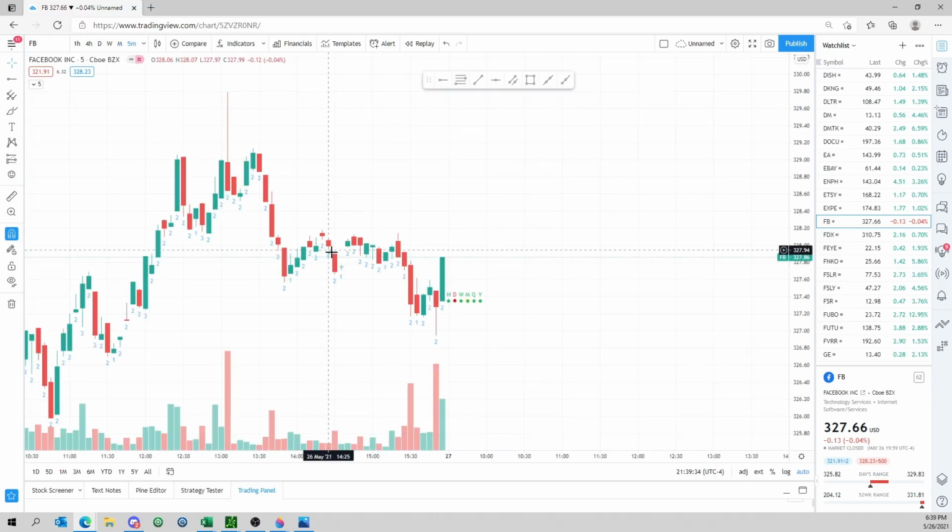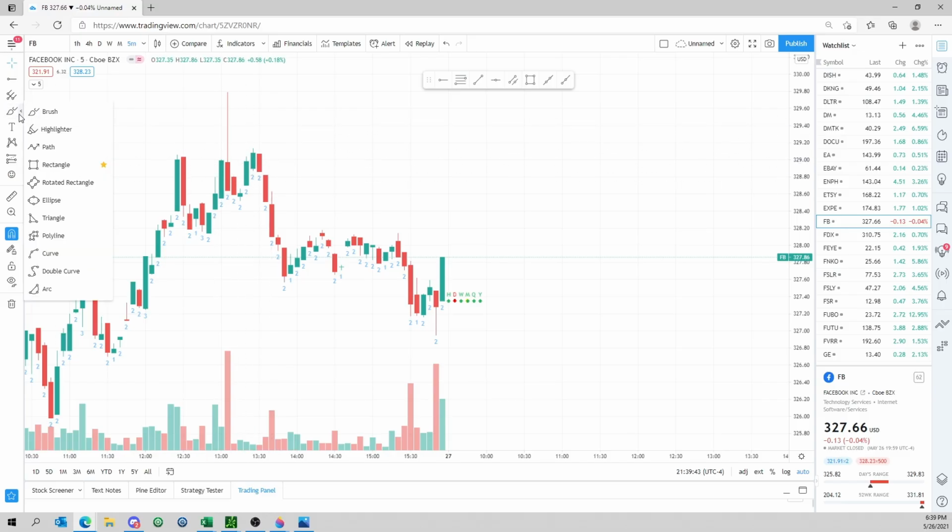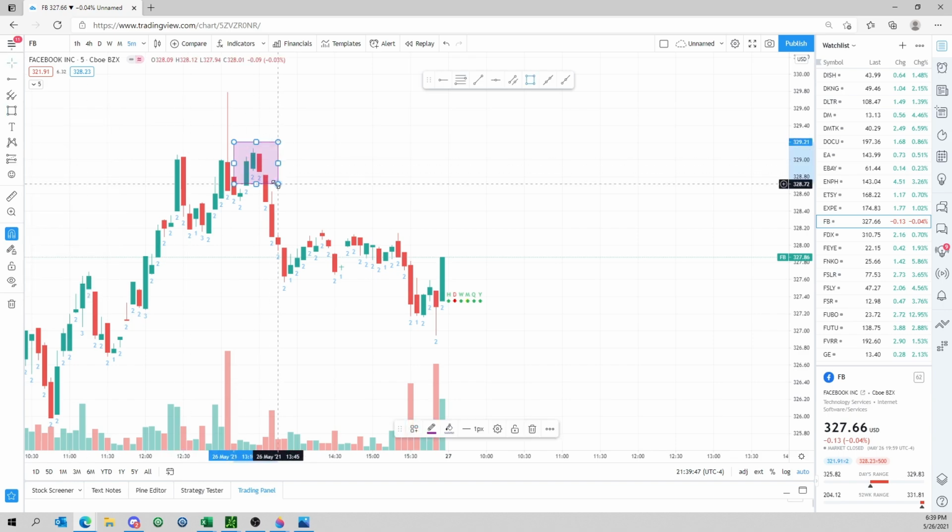Show you the 5-minute chart real quick. For instance, this top part right here. Right here you can see we had a 2 down, but it was a green.